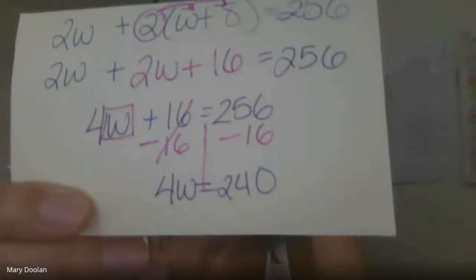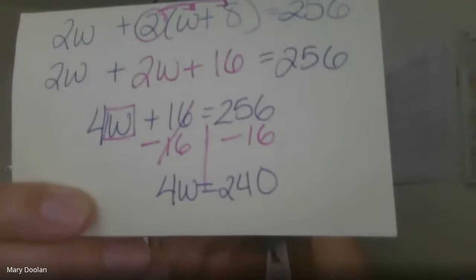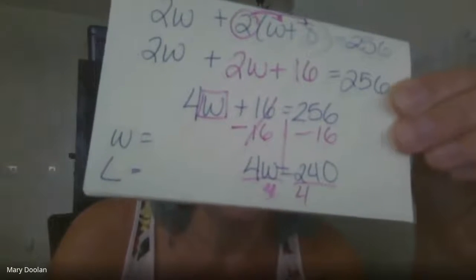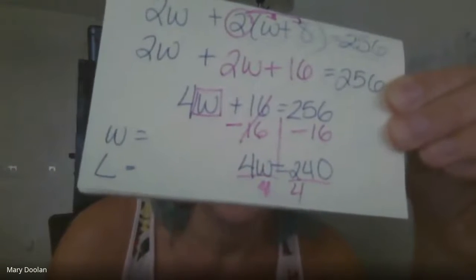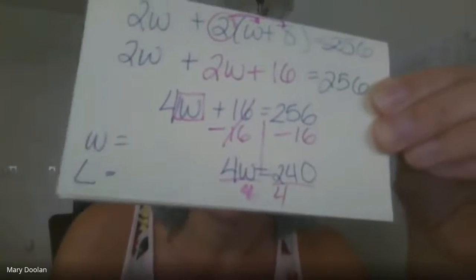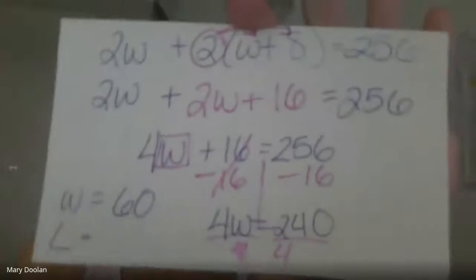Divide both sides by 4. 240 divided by 4. Yeah, 24 divided by 4 is 6, so 240 divided by 4 is 60. So I know the width is 60.